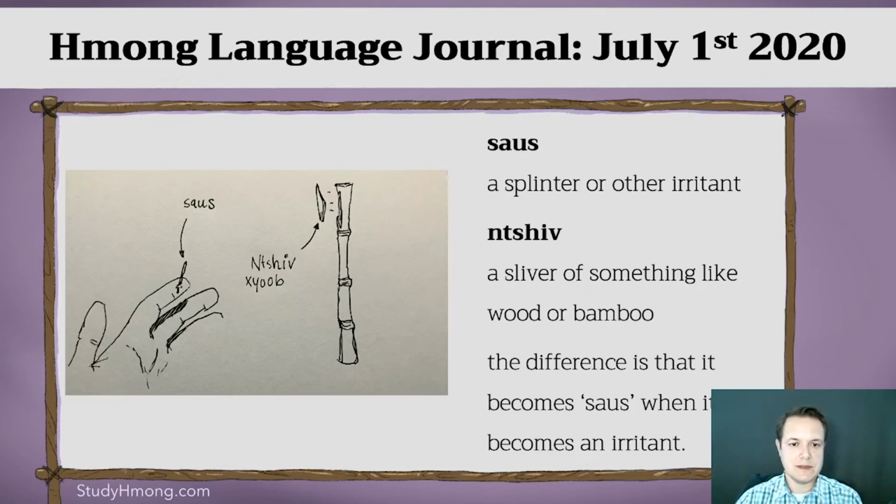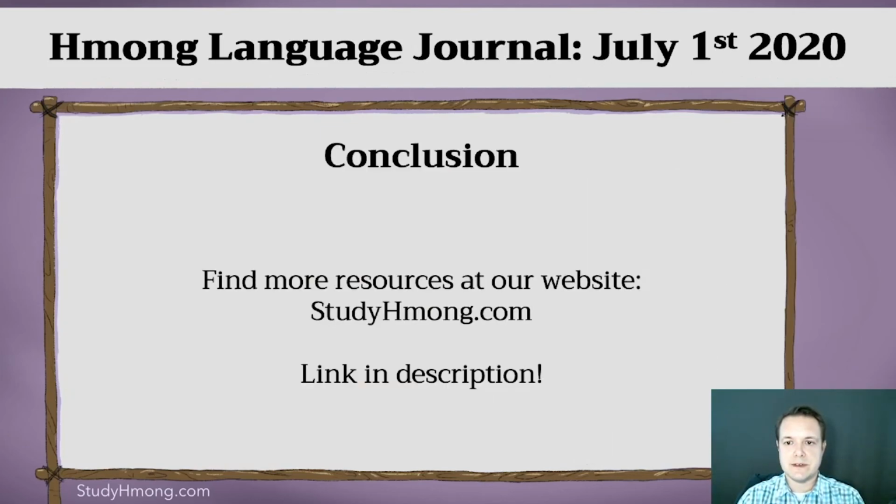So once it pierces the skin or gets lodged in the eye or something like that, then it becomes shao. It's called a shao. Whereas just a sliver of wood on the ground or whatever, we'd call that nqi. For example, nqi xiong is a sliver of bamboo. So that's the difference. That's what I have for this week.